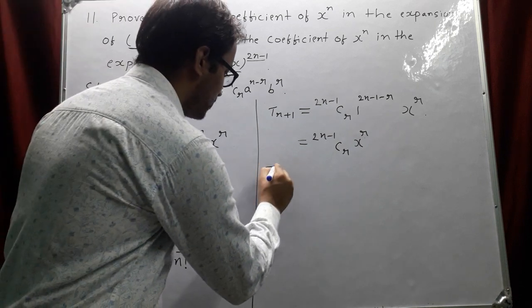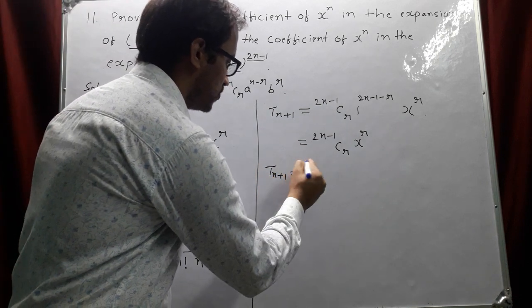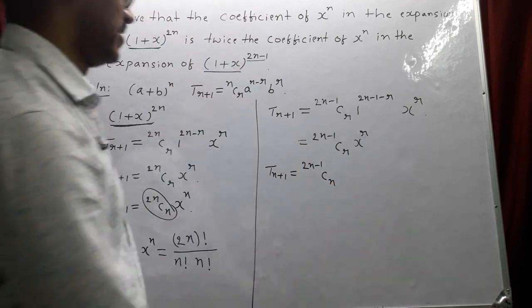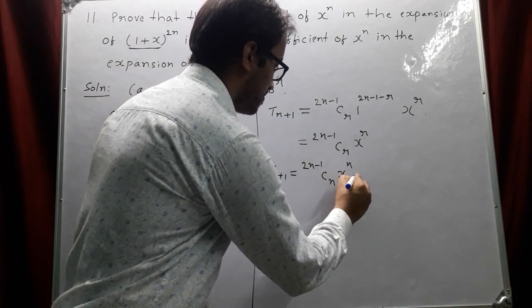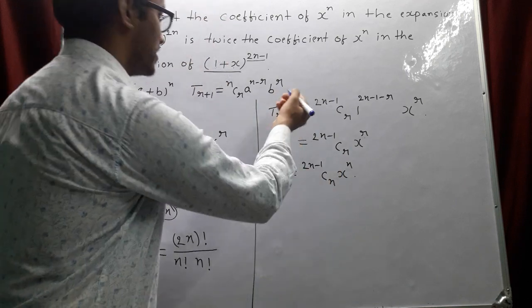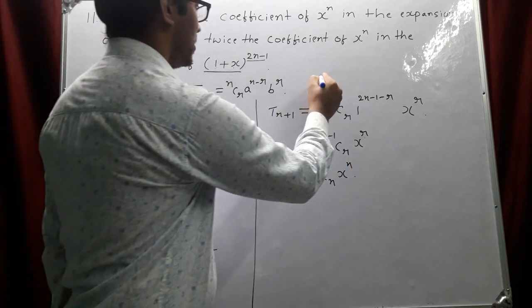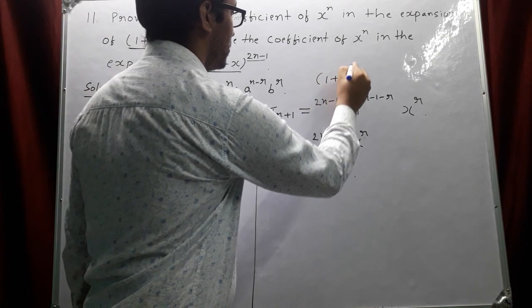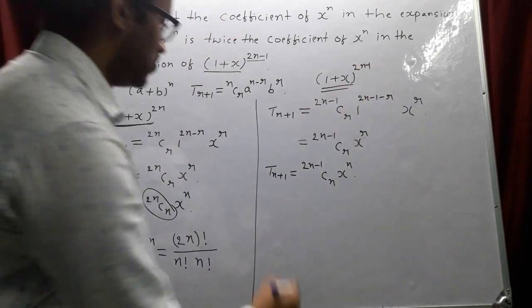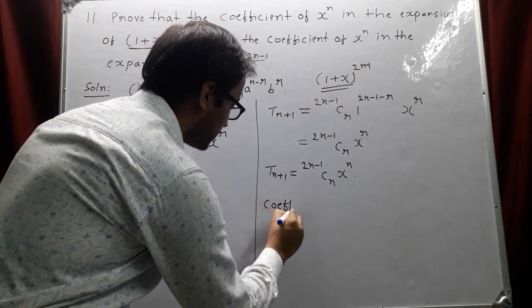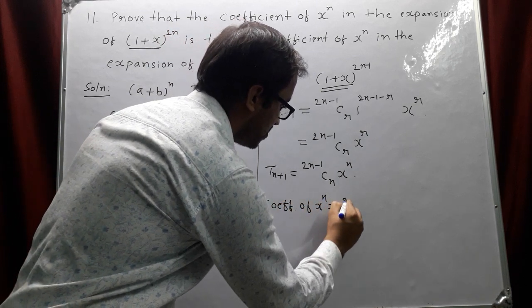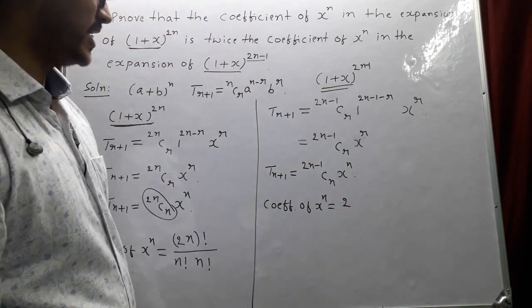So T(n+1) = (2n-1)Cn x^n. So the coefficient of x^n in this case, where the expansion considered is (1+x)^(2n-1), is (2n-1)Cn.